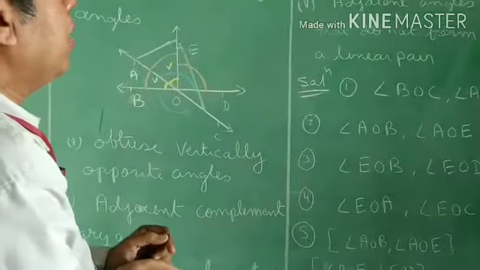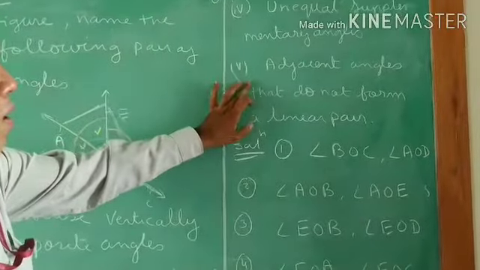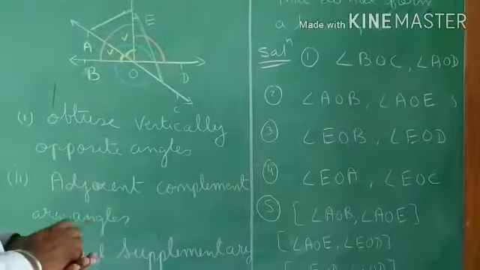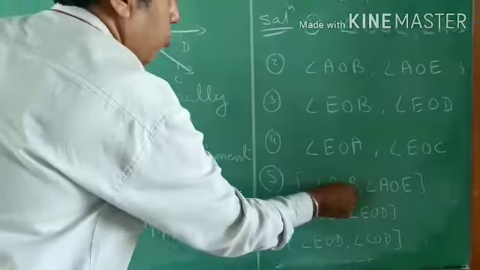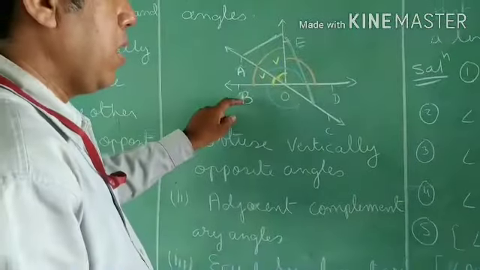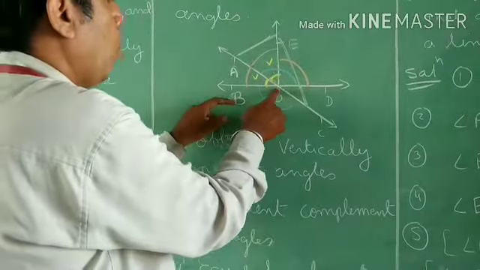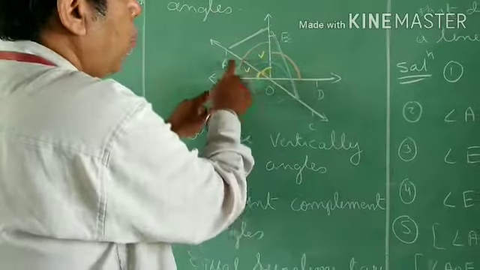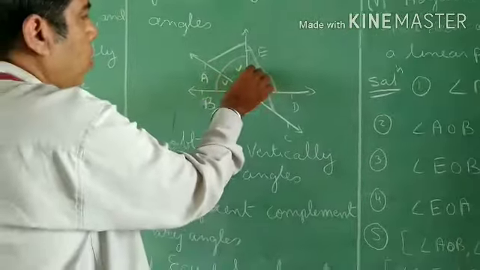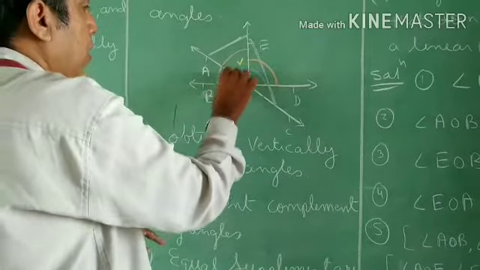Now next one, fifth part, adjacent angles that do not form a linear pair. It should be adjacent but not forming a linear pair. You can see so many are there. I gave an example here. AOB and AOE. Adjacent, they do not form one. They are not forming on the line. Actually they are 90 degrees.